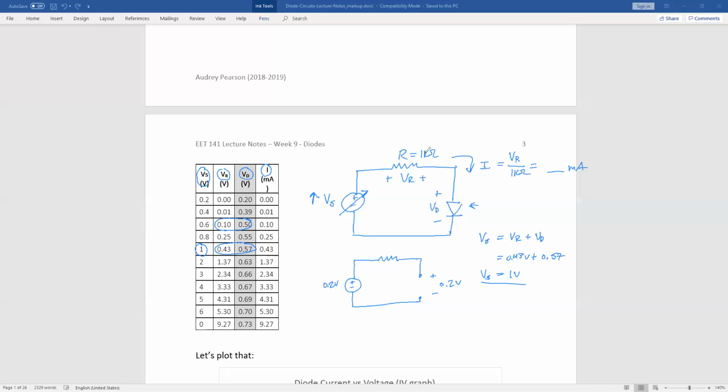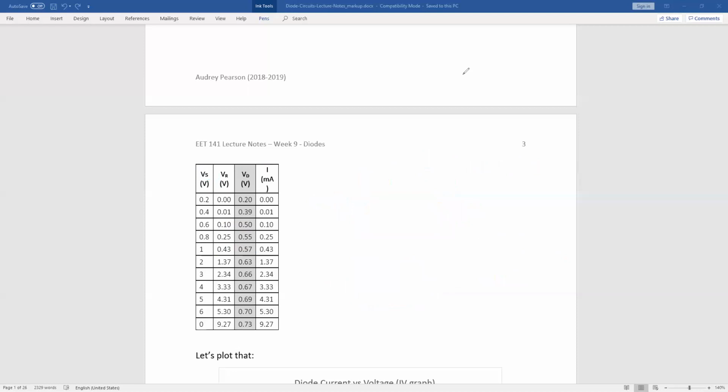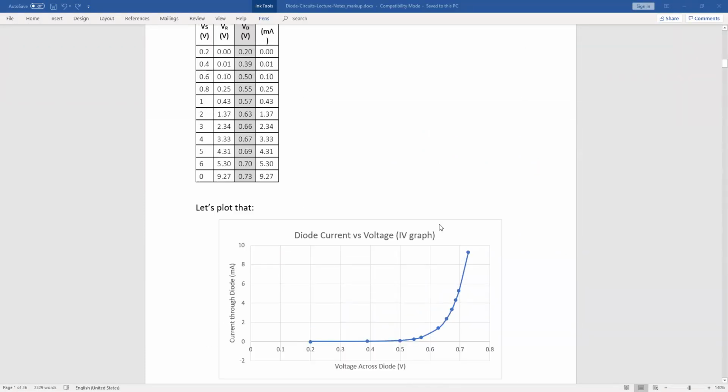So if we try to plot that, we'll see what that looks like. Get out of annotation mode. This is what that plot looks like. We have the current through the diode, which is increasing if we look at the table up here, and we have the voltage across the diode.